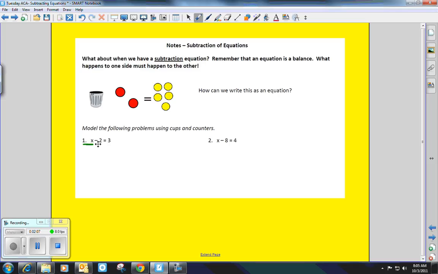And then when I look at the 2, that's a -2, or a subtraction of 2. Subtracting 2 and -2 end up being the same thing. All right? So I'm going to model a positive x, 2 negatives, since the sign goes with the 2, and then equals and 3 positives on the other side. You'll do 1 and 2 on your own here.